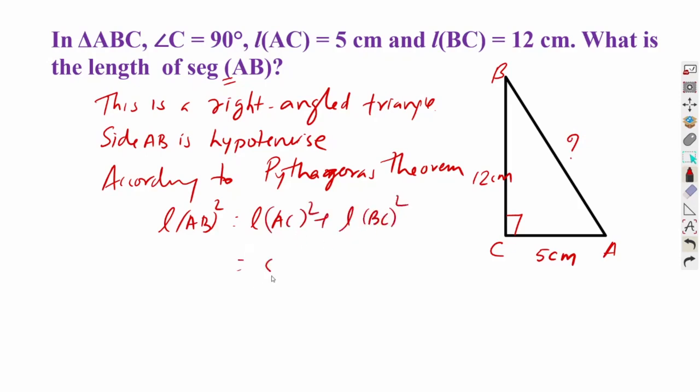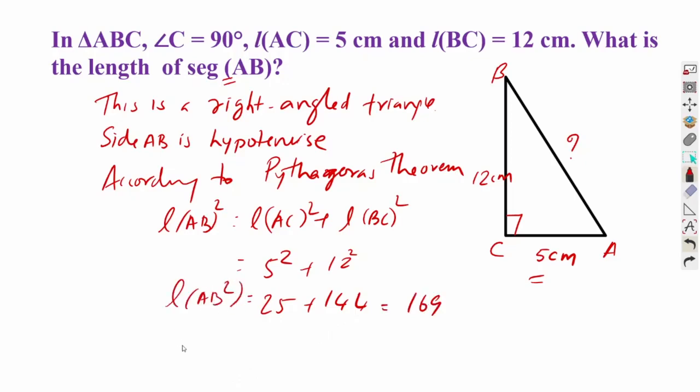Length of AC square is 5 square in this case because it is given as 5, plus length of BC square is 12 square. So naturally you will write 25 plus 144, which is equal to 169. This is length of AB whole square.